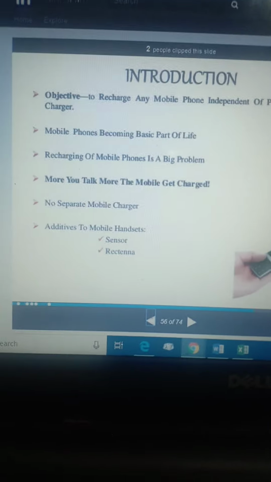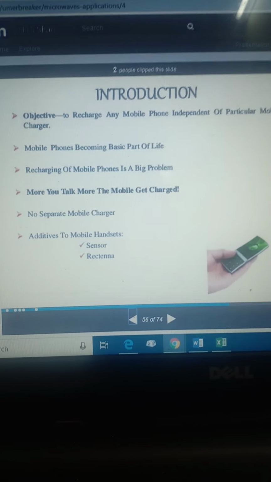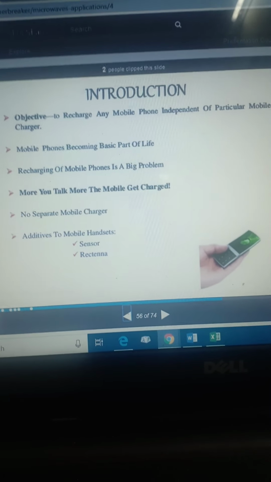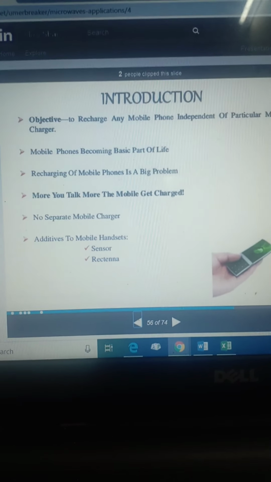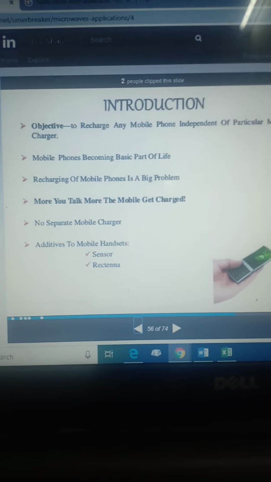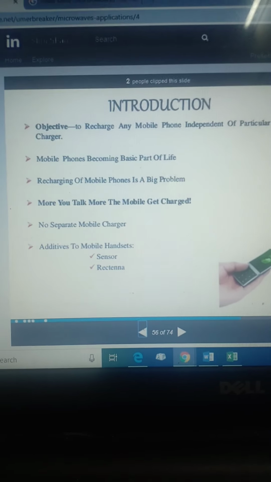As I said earlier, wireless charging is convenient for everyone to recharge mobile phones wherever we go. Recharging of mobile phones is often a great problem. So in this technique, the charging is done using microwaves.